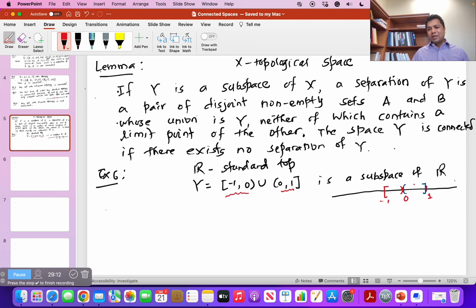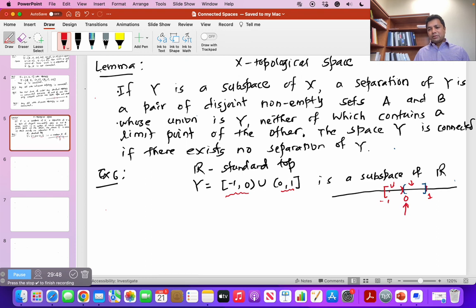Obviously these two intervals are non-empty, and they are also disjoint because their intersection is empty. Then neither of them contains a limit point of the other. The set of limit points for the first one is the interval from -1 to 0, including 0, and for the other one it is the interval from 0 to 1. And you can see they have the common limit point 0.